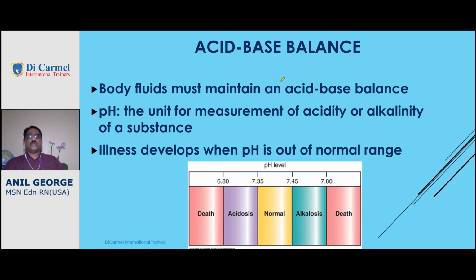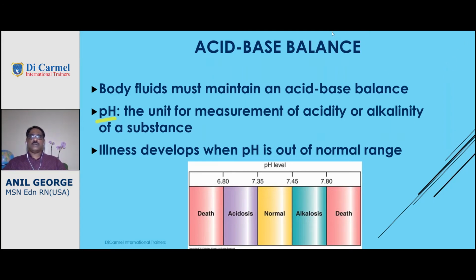One of the major indicators of that criteria is pH, which is the unit for measurement of the acidity or alkalinity of whatever body fluids. Eventually we're going to focus on blood itself, which is the major indicator of our acid-base status. And if it goes out of range, we know what can possibly happen.